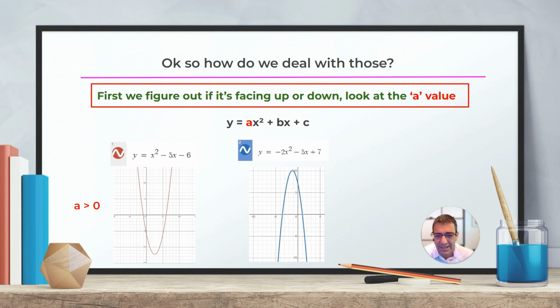Because the a is negative 2, notice that this is what we call concave down. It's a parabola which is a sad face, and we notice that it's facing down. So the a value is going to let you know immediately if you have a parabola which is facing up or a parabola which is facing down. So you should pay attention to that. And so this is when a is negative.